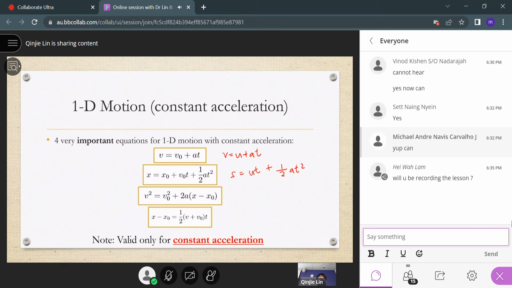So if you see this equation down here, if you move the x naught over, it's x minus x naught, which is your displacement. So it's the same equation. Some textbooks or sources will use this, some will use this. The third one will be v squared equals u squared plus 2as.